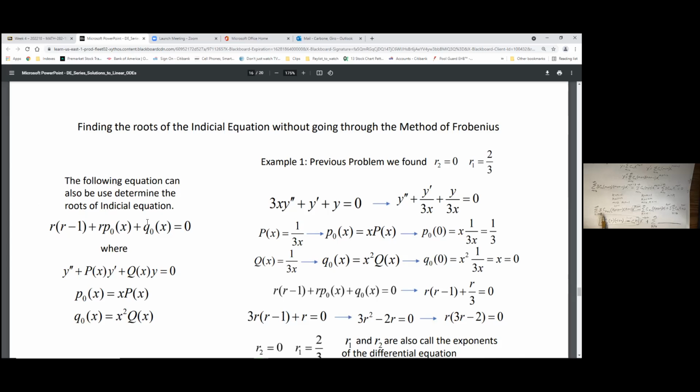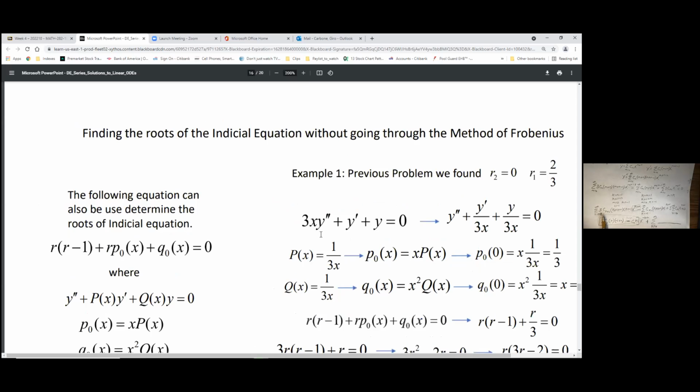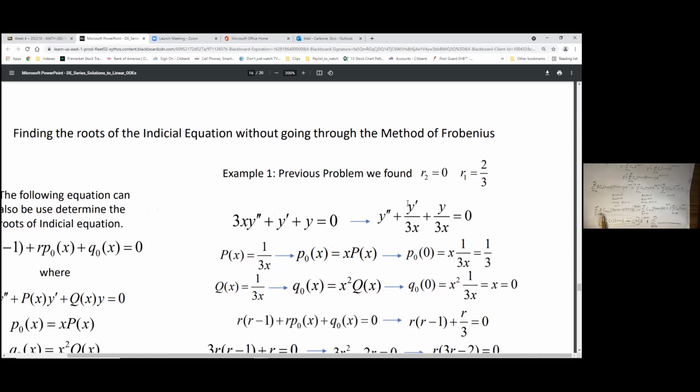It turns out that you can use this equation where P0, remember, if we're talking about x is equal to 0, P0 is just x times p of x. In other words, if we take this differential equation and divide by 3x, we get this.